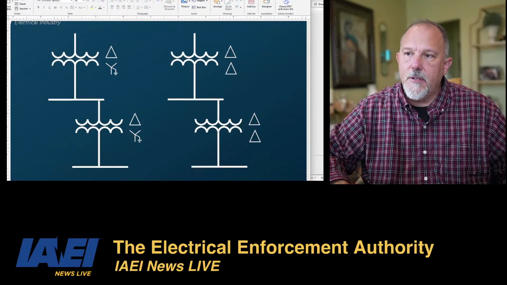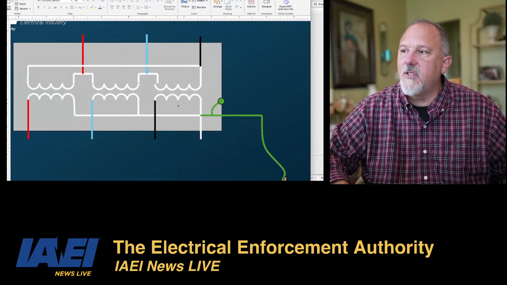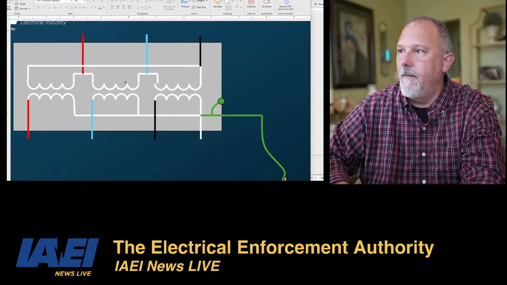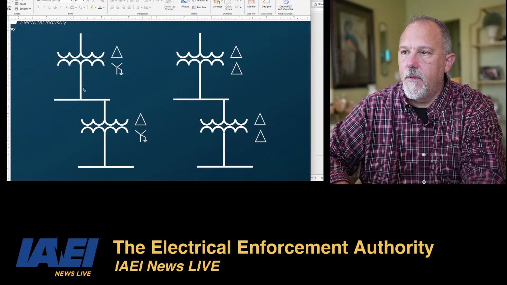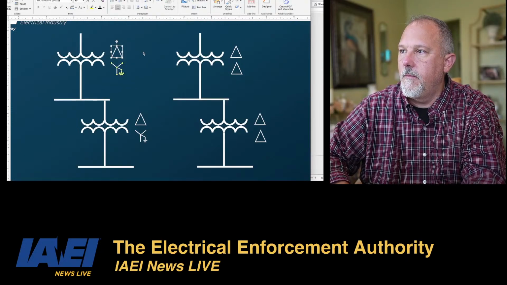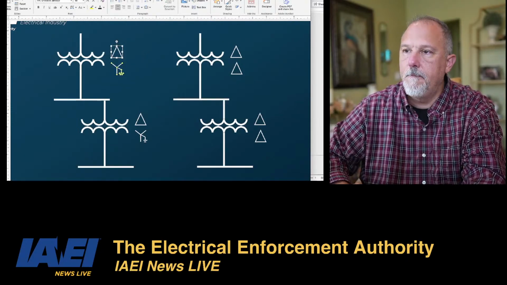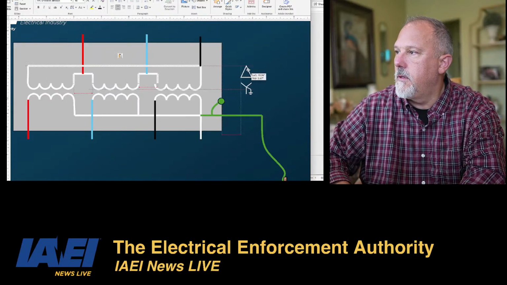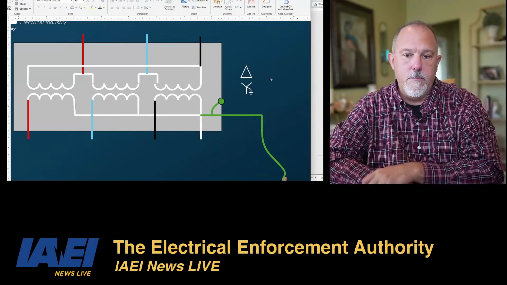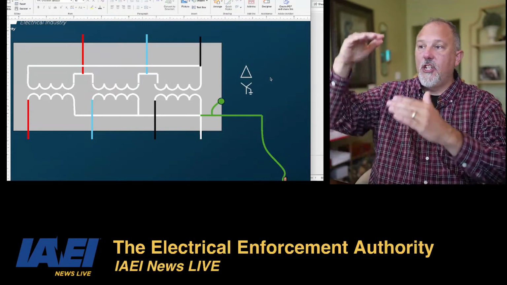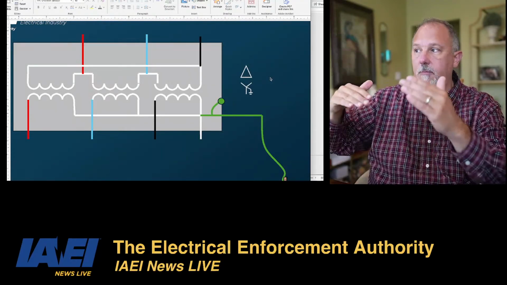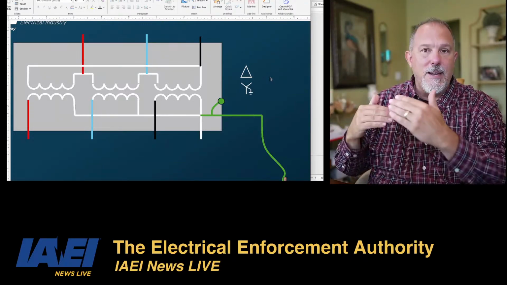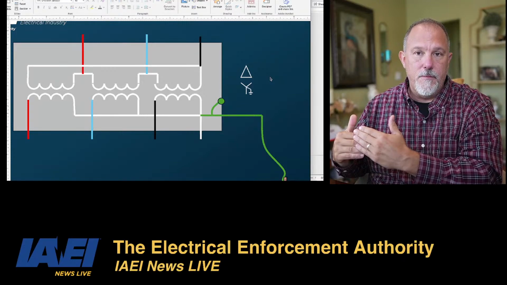Now, whether this is wired in, this is wired in, this is wired, Control C, Control V, delta Y ground. Now, I can change the configuration, make it a Y-Y, and it's still a separately derived system, right?